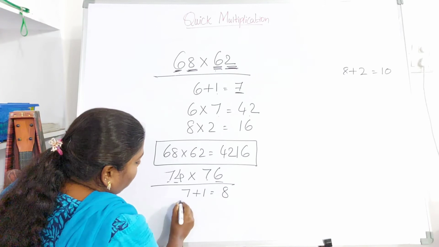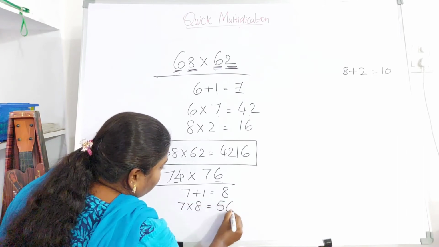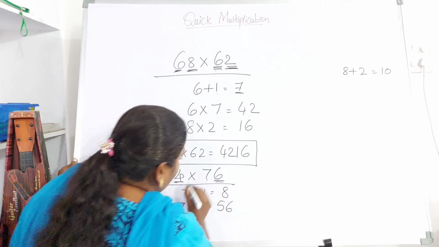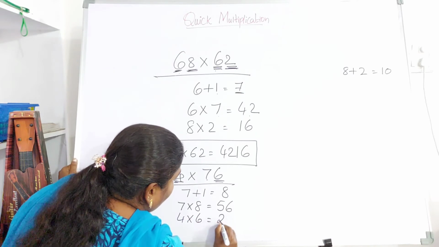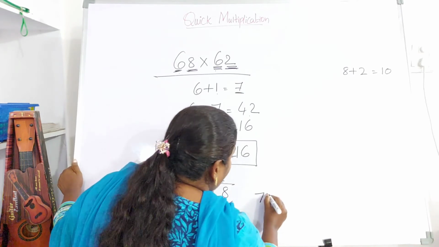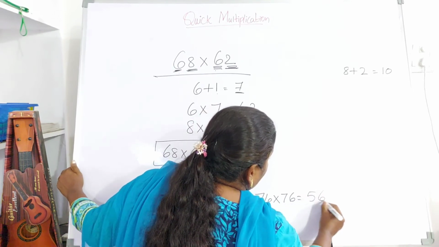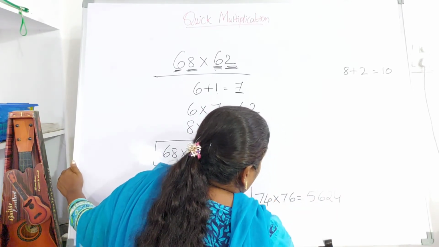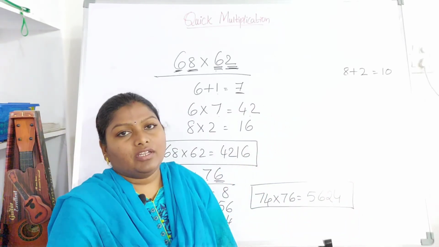Multiply this 8 with 7, 8 sevens are 56, and multiply the ones digits, 4 into 6, that is 24. So 74 into 76 is nothing but 5624. Hope you have understood this method.